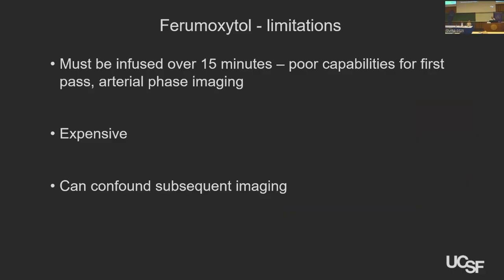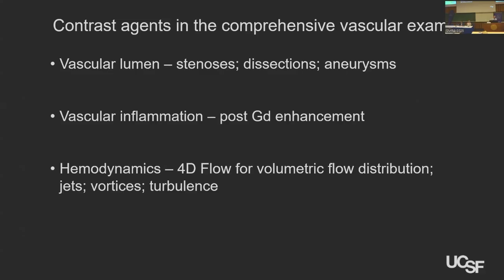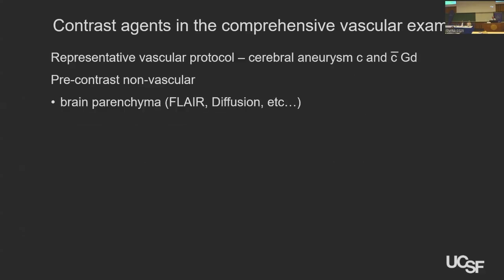As mentioned, it's expensive. There is no separation of the venous and arterial phases. But what I'd like to conclude with is some discussion of the fact that contrast agents are very important in the comprehensive vascular exam, where we want to look at the lumen, vascular inflammation in the wall, and hemodynamics. And all of these are enhanced by the use of contrast agents.